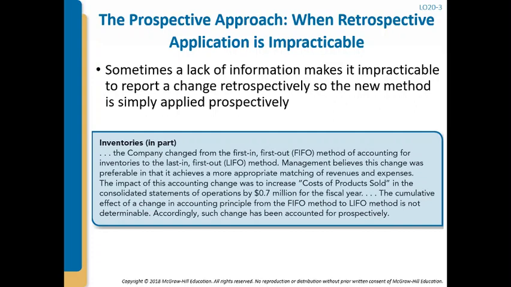And so here that's the case. They say that the cumulative effect of a change in accounting principle from FIFO to LIFO is not determinable. Accordingly, such change has been accounted for prospectively. And so you just go for whatever the inventory number is at the current period, that's the number you use, and you just go forward using the LIFO method.